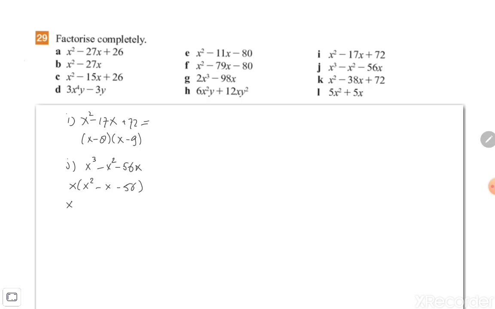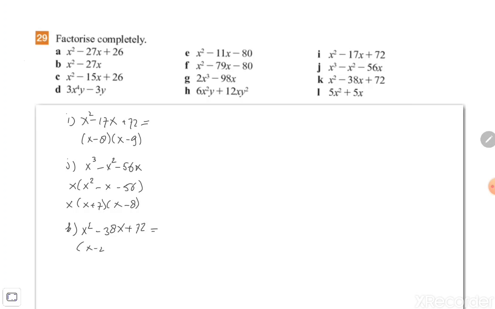Then you get x times x plus 7 and x minus 8. And that's J.